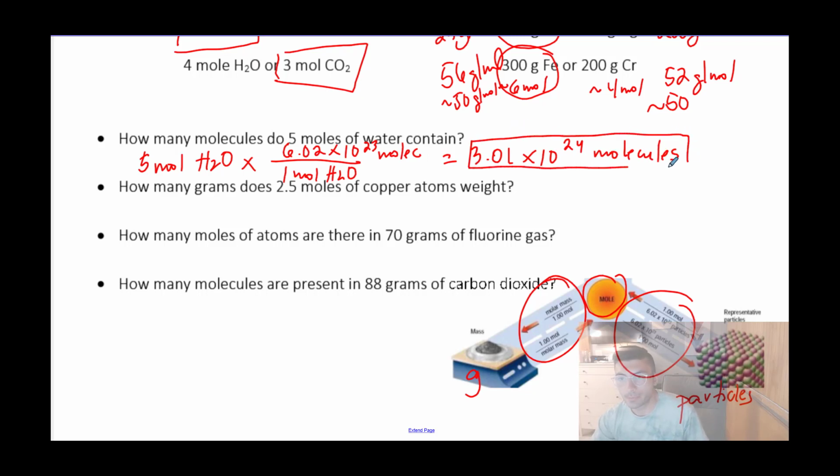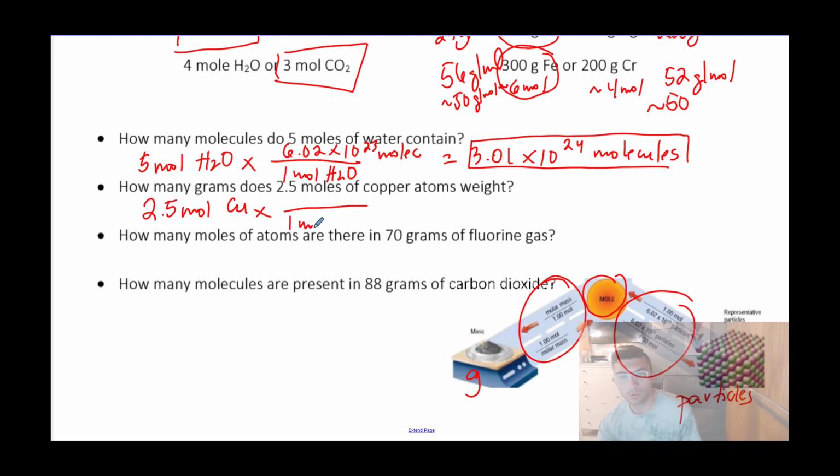All right, the next example. How many grams does 2.5 moles of copper atoms weigh? So I want to go from moles of copper to grams. I can do that in one step by using the molar mass. Look at the periodic table. Copper has a molar mass of about 63.5 grams per mole.